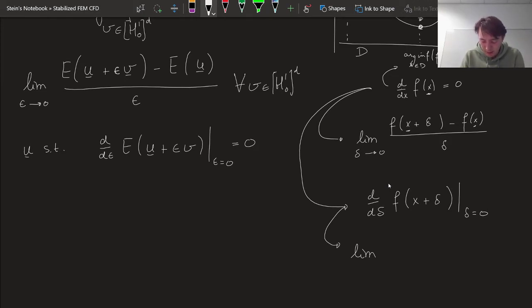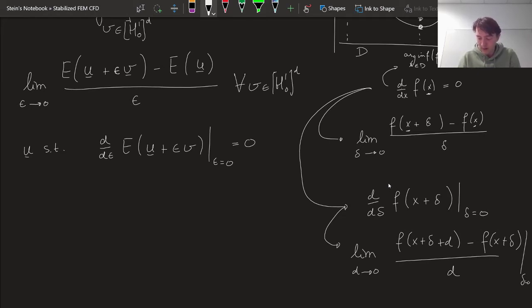The limit of now, let's call this d, goes to 0 of, well, we just put down the same statement: f(x plus delta plus d) minus f(x plus delta), divided by d, but now specifically evaluated at delta equal to 0, which means that effectively this is the same thing as doing this, which is clearly the same thing as doing that.